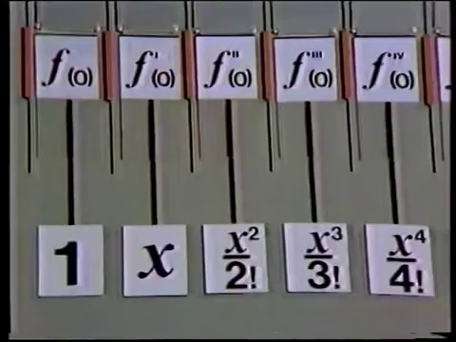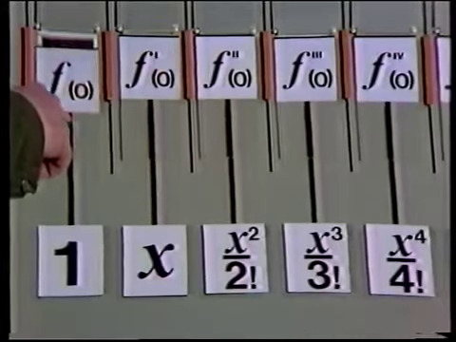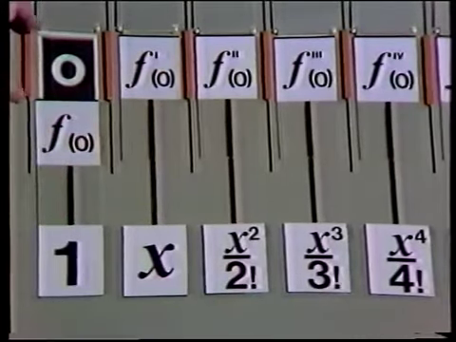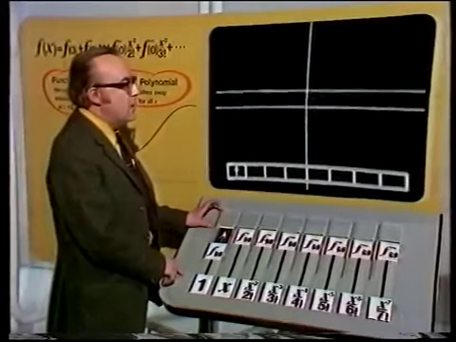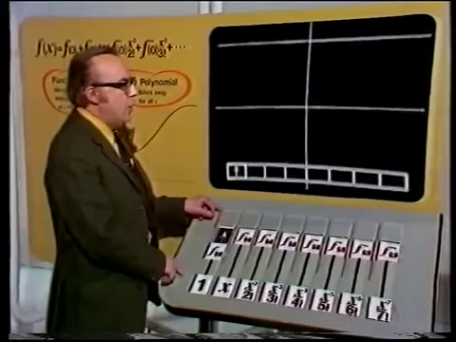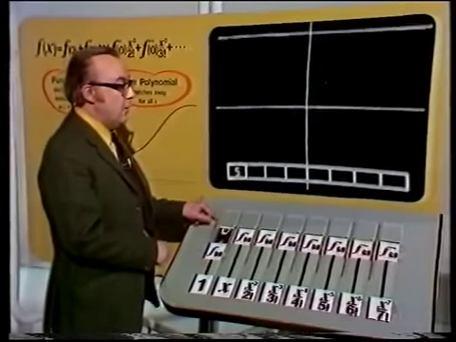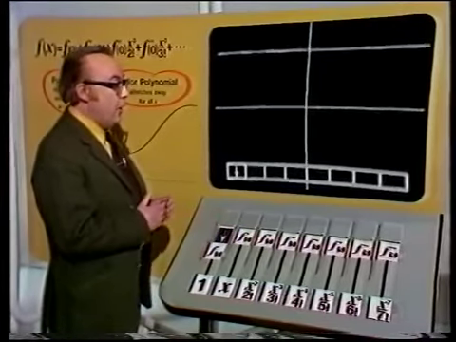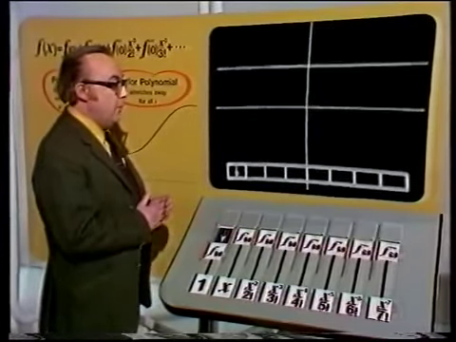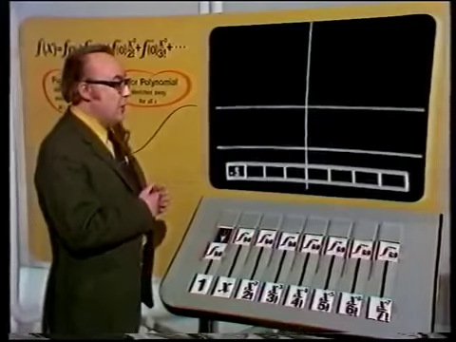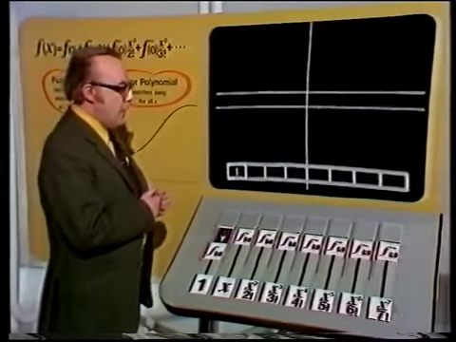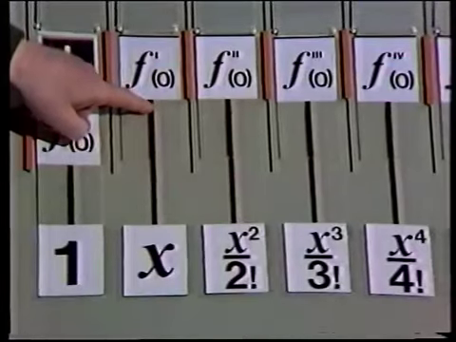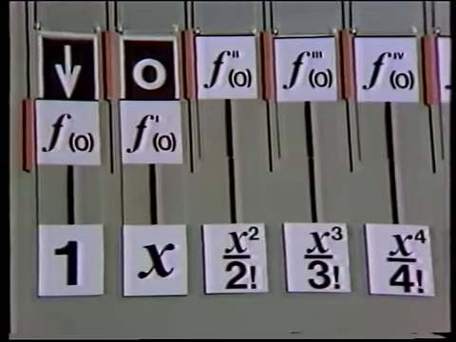Well, we'll start with this first value set at 0, and then we'll increase it. See? It goes up. And now we can decrease it. Set it down. Now, these spaces here are kept for the zeros of the other derivatives. Everything else is 0 at this stage, you see. But now, if we leave this up at 1, then we can move on to the first derivative, which governs the slope at the origin.